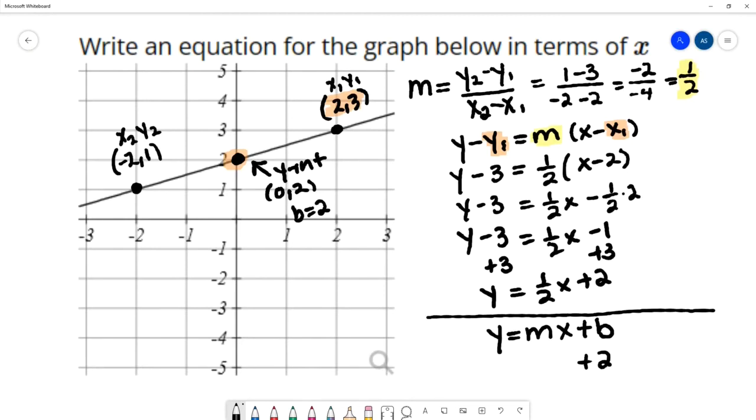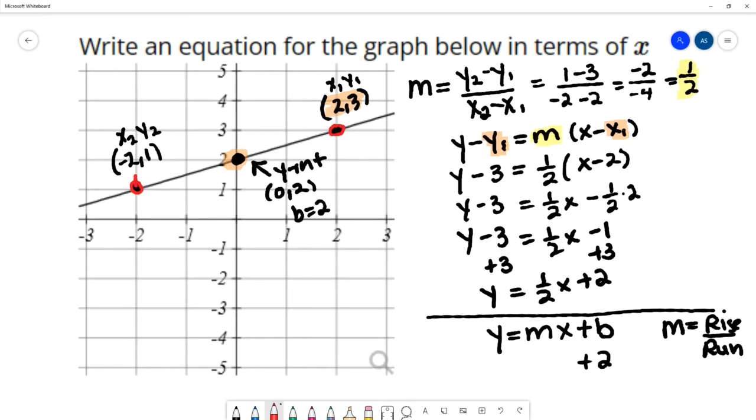Now you can also find the slope of the line by using rise over run. Slope is rise over run. So you want to identify 2 points on the graph, just like we've done here. We've identified these 2 points, and I want to think about traveling from one point to the other by rising and running.